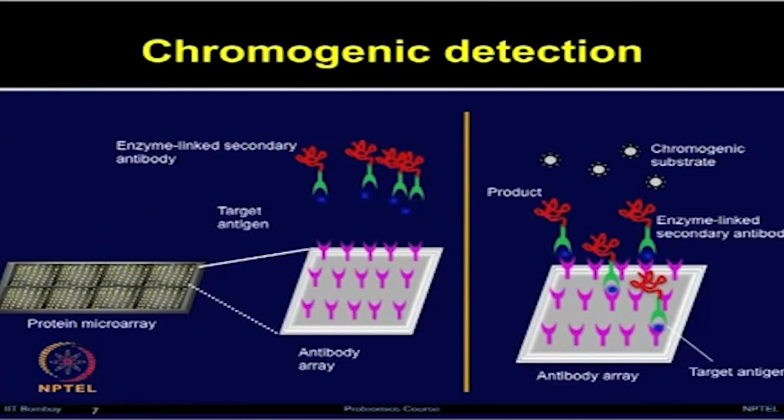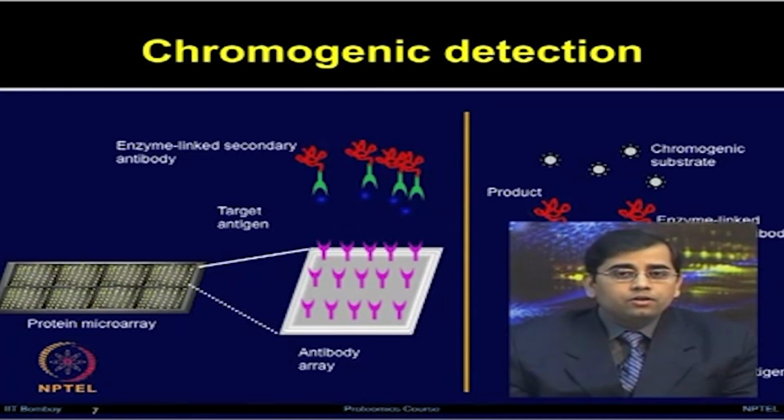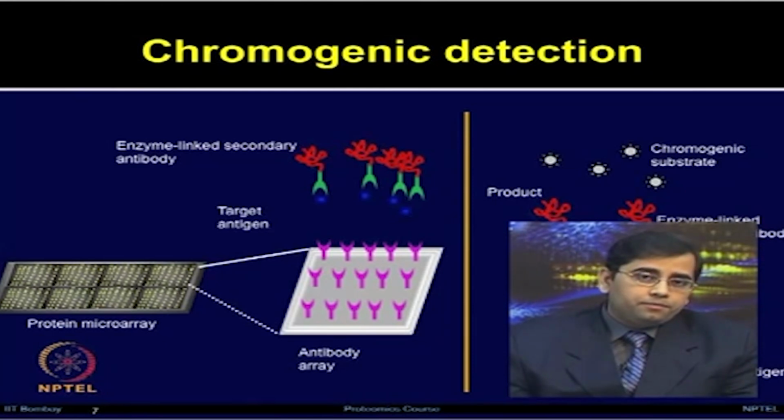In chromogenic detection, an enzyme that can give a colored reaction upon the addition of a suitable substrate, which we just discussed, can be linked to a secondary antibody. This acts as a probe by binding to a different epitope on the antigen from the primary antibody bound to the microarray surface.